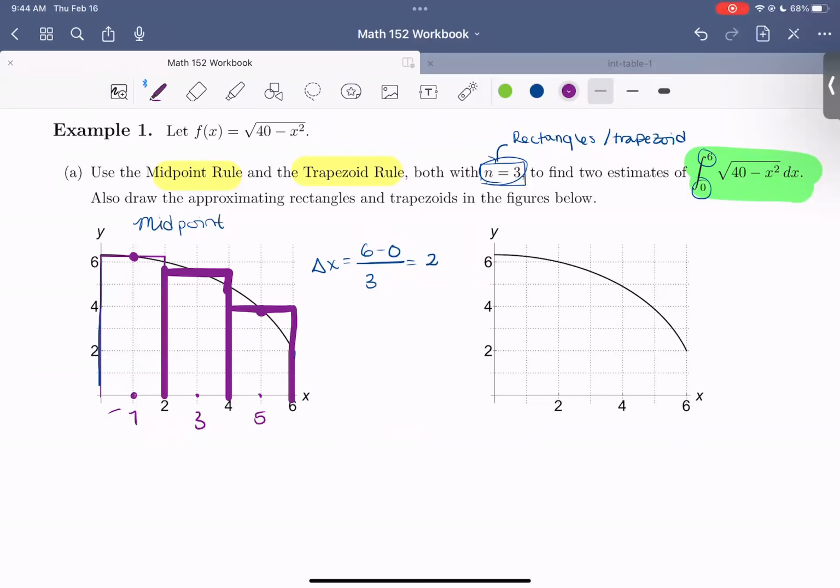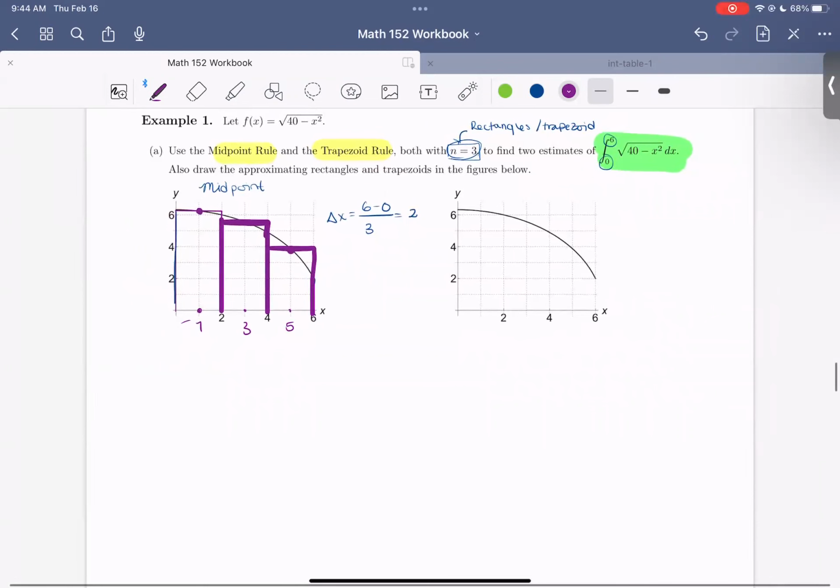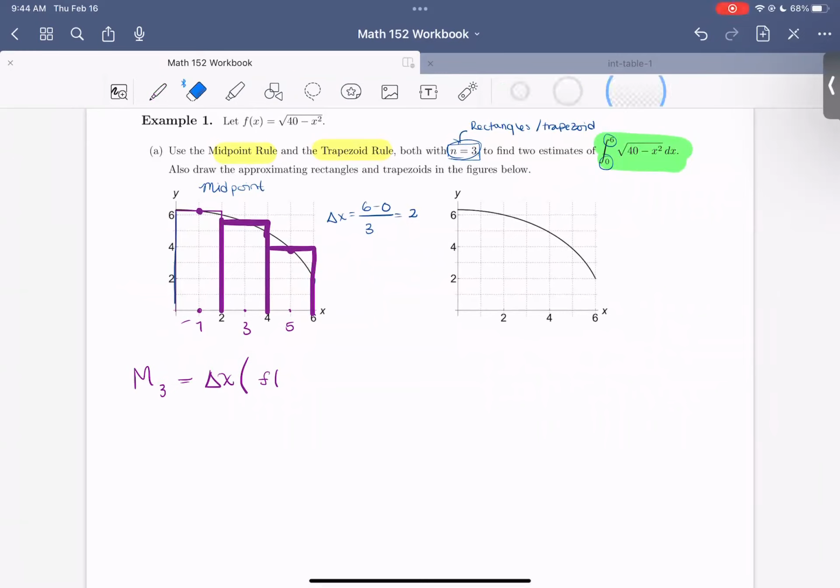Now let's go ahead and actually compute the areas of these rectangles. Let's practice using the notation that we saw in the first part of this section. We want to compute the midpoint approximation using 3 rectangles, so that would be M sub 3. Recall that the formula is the change in x times the height of each rectangle, which occurs at what we were calling x sub i bar.